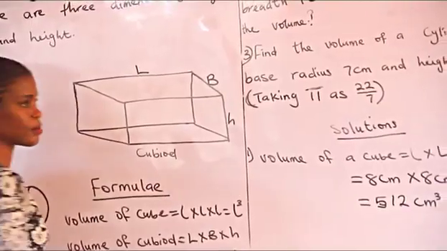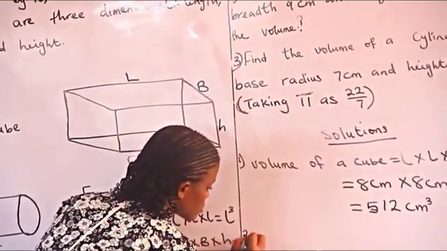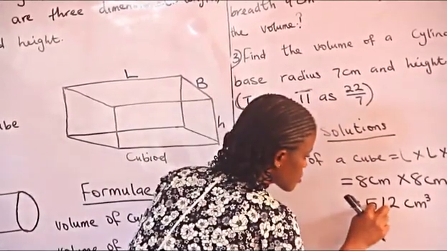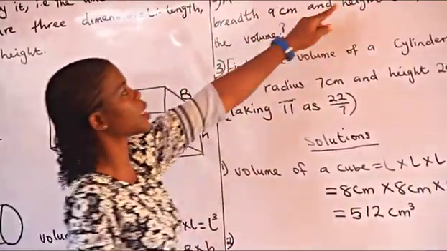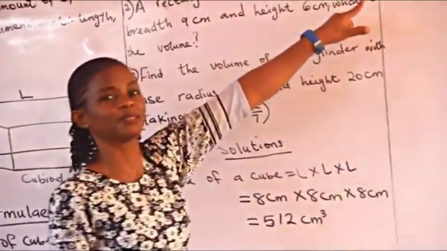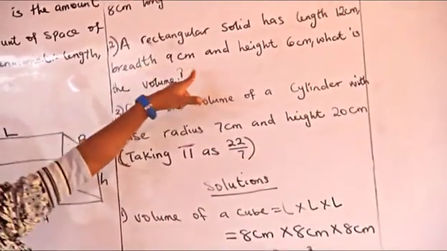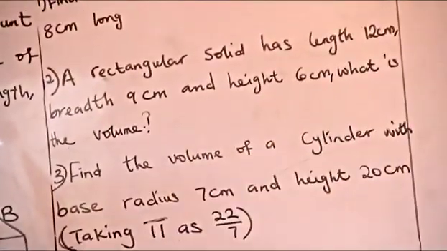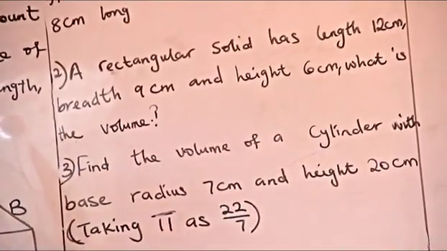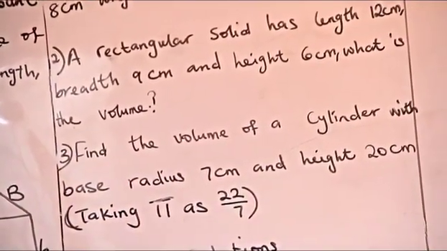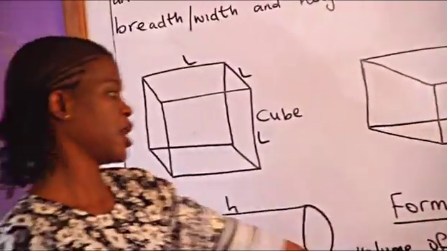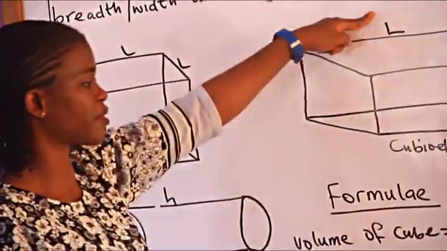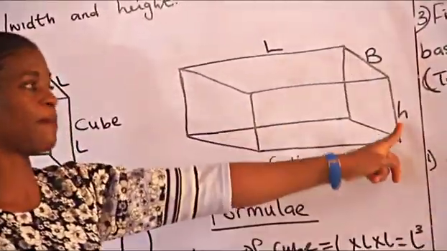Number 2. A rectangular solid has length 12 centimeter, breadth 9 centimeter, and height 6 centimeter. What is the volume? A rectangular solid is in the form of a cuboid. Now we are applying the formula of a cuboid, which is the length multiplied by breadth multiplied by height.